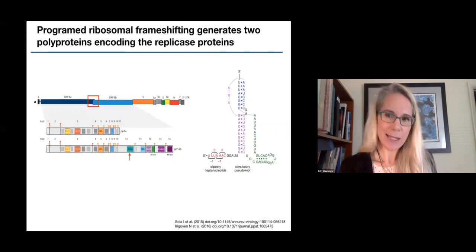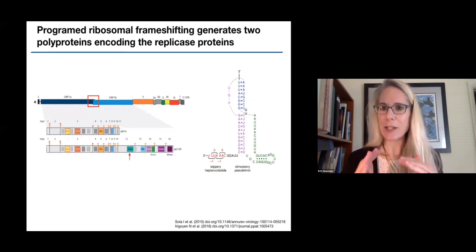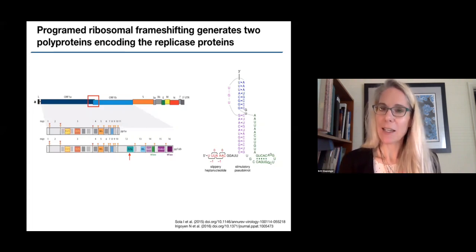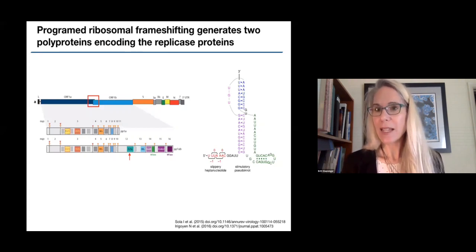When the ribosome hits that sequence, it has a propensity to slip back one nucleotide, which would put it out of frame with the stop codon and allow it to continue reading through to the end of that open reading frame. Now, you might think the chance that that frame shifting event might occur would be pretty low, and most of the time that would probably be the case, except that just downstream of this slippery sequence, the virus has an RNA structure called a pseudoknot structure.